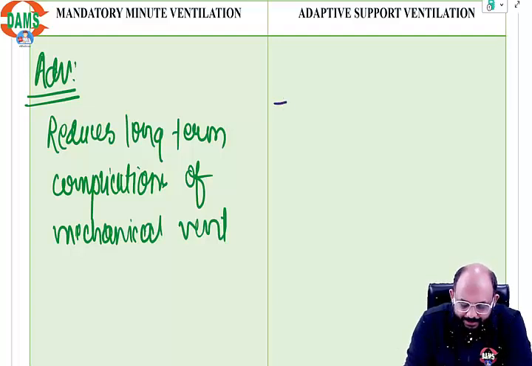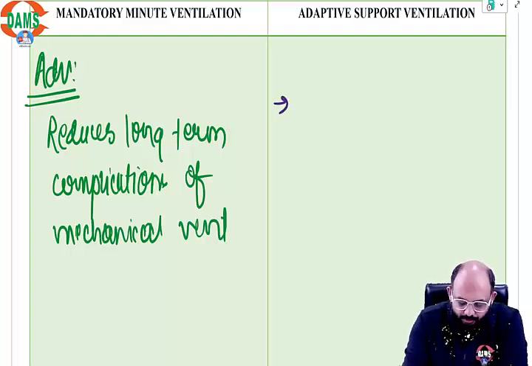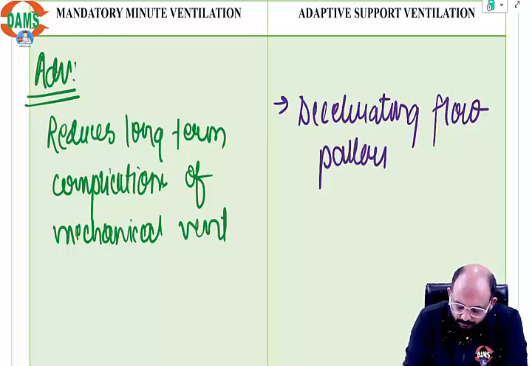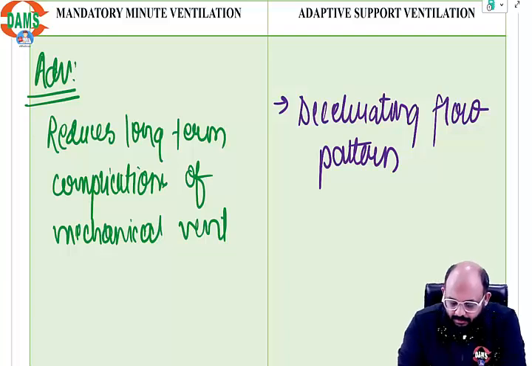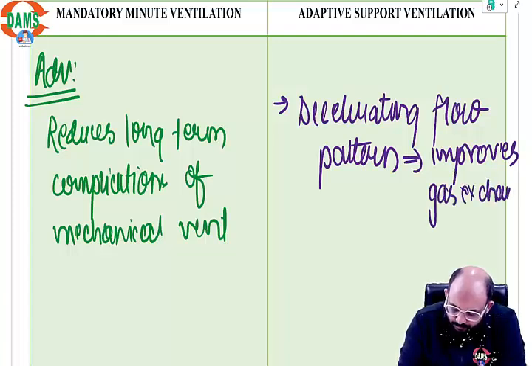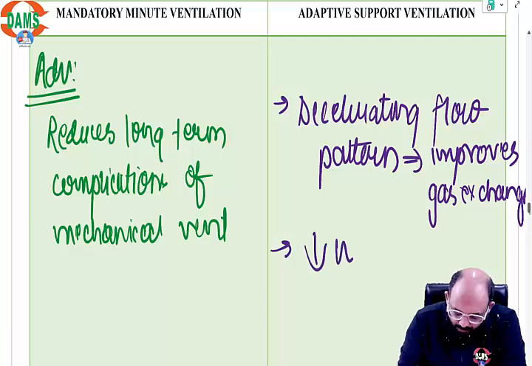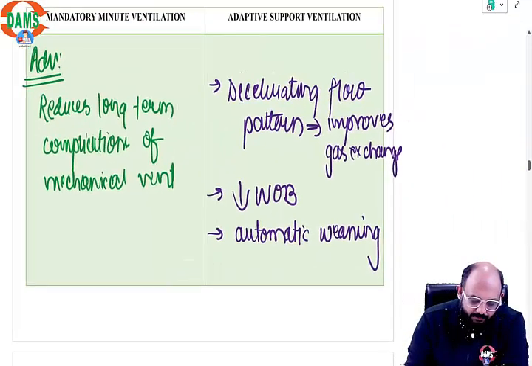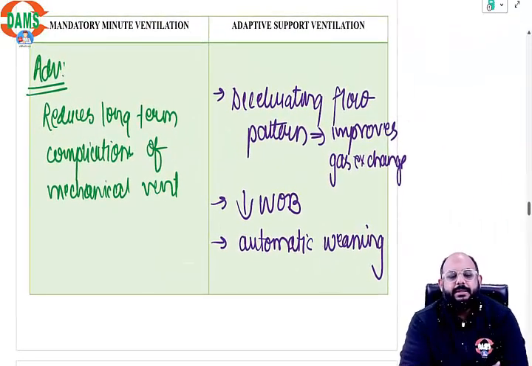The advantage of adaptive support ventilation, the ventilator is doing everything, so you get a decelerating flow pattern which improves gas exchange. Decreased work of breathing and automatic weaning is possible.